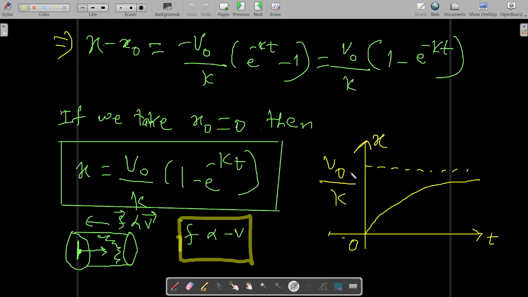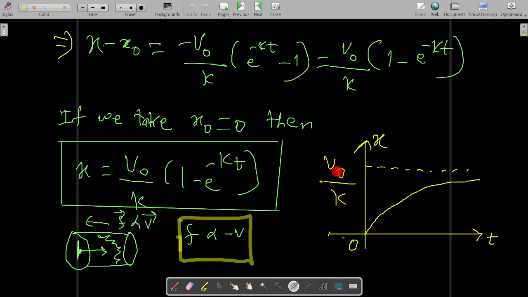So at t equal to infinity, your displacement will come out to be v naught by k. So the maximum distance which the object travels when the resistive force is directly proportional to velocity is v naught over k. This is the maximum displacement which the object will travel, depending on its initial velocity.